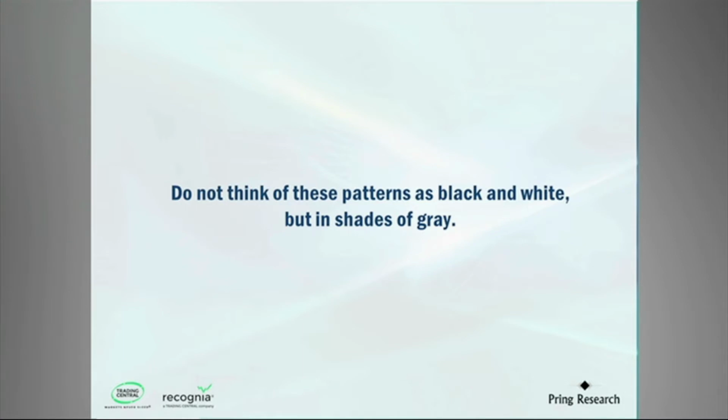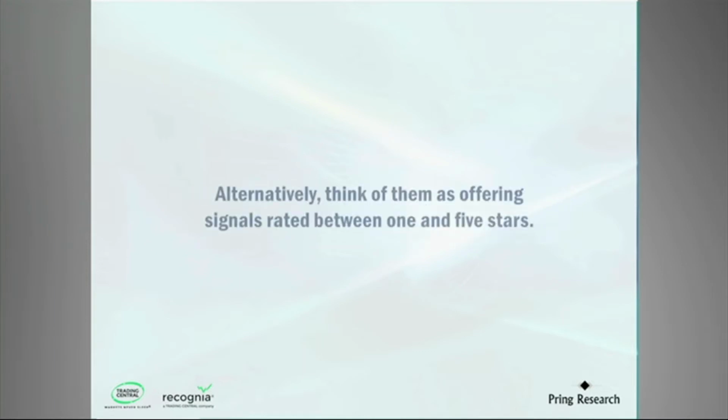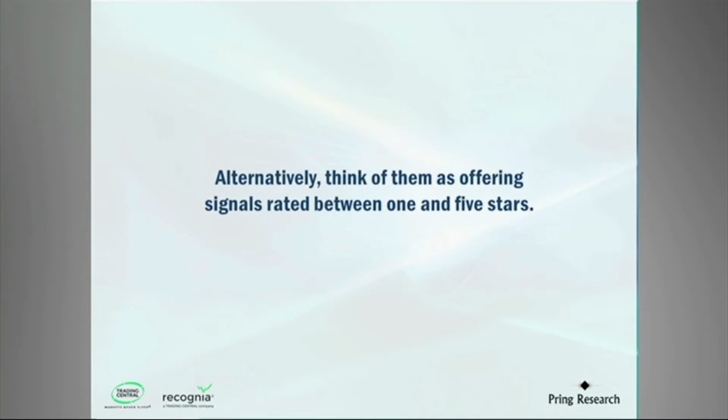For example, pattern A might contain the characteristics of a specific formation, but pattern B could reflect them in a far stronger way. Thus A could be a 2-star pattern, but B might be classified as 5 stars. Technical analysis deals in probabilities, so a 5-star signal would offer higher odds of a valid trend reversal than, say, a 2-star, and so forth.